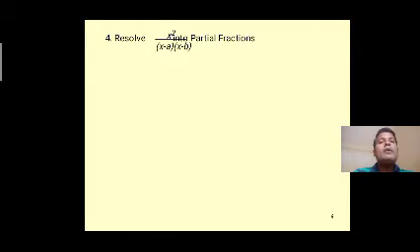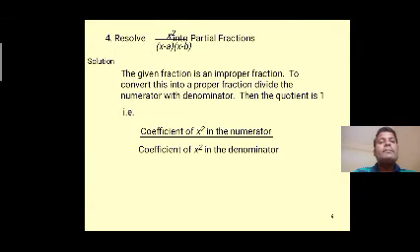Resolve x square by x minus a into x minus b into partial fractions. The given fraction is an improper fraction. To convert this into a proper fraction, divide the numerator with the denominator, then the quotient is 1. The coefficient of x square in the numerator by the coefficient of x square in the denominator.